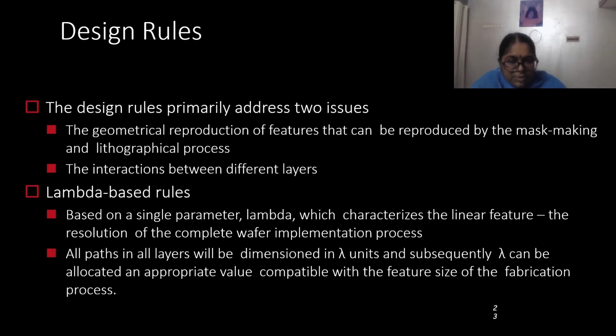That is, masks have to be formed. The lithographic process is actually done. Similarly, the design rules also address the interaction between different layers. There are different types of design rules.